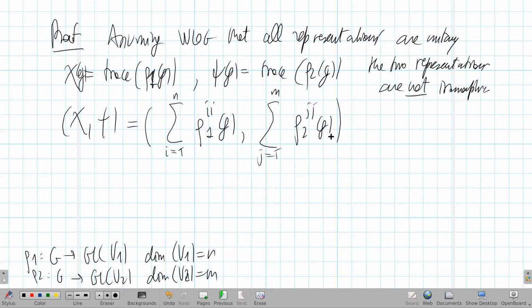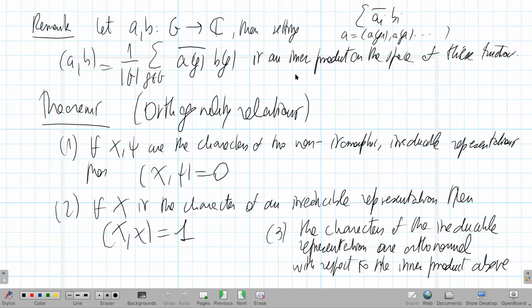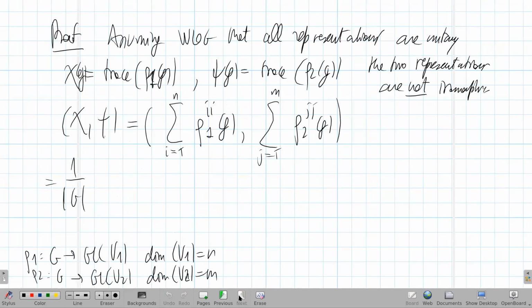So you have this product, and there will be an average, which is immaterial in this case. This product is linear in one component and semi-linear in the other, so you get the conjugate.